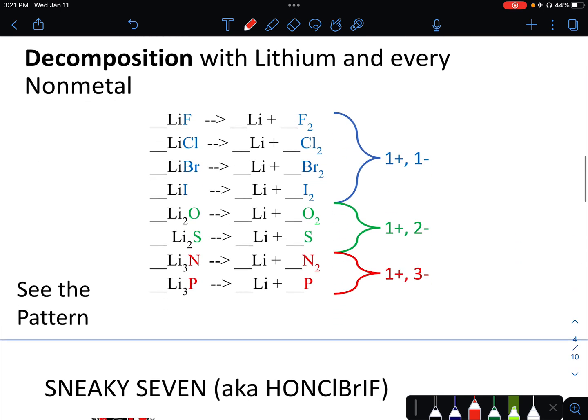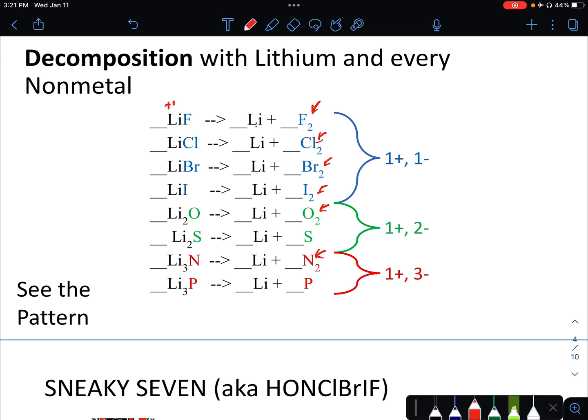So if we look at how lithium does this, if we take lithium and turn it into lithium plus fluorine, here, again, that's one of those sneaky sevens, just like this, this, this, this, and that one. Those are all sneaky sevens. Now, when we look here, that lithium is always going to be a +1.